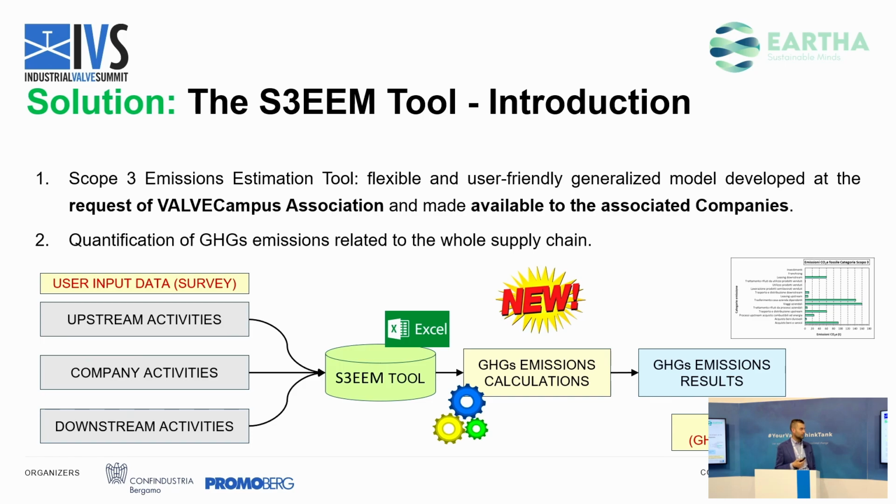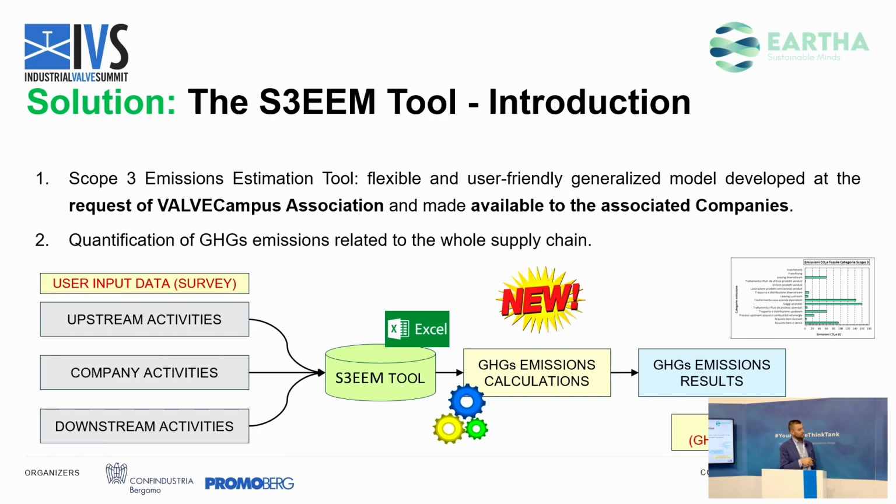It's a flexible and user-friendly generalized model specifically required by VALVEcampus Association, and this will be made available to the associated companies, that allows the quantification of greenhouse gases emissions related to the whole supply chain, also allowing to solve the main issues and problems we have met in the previous slide.